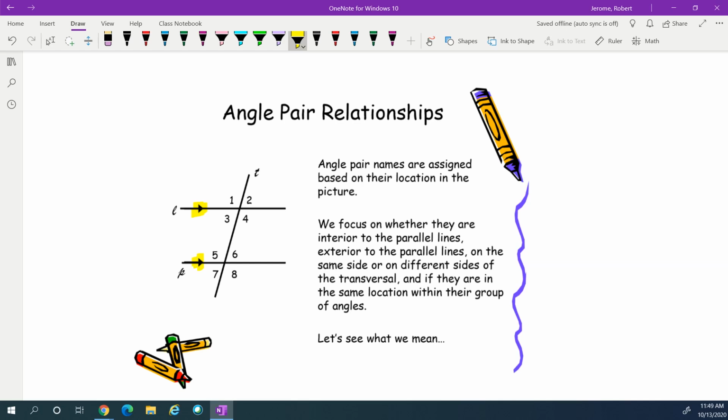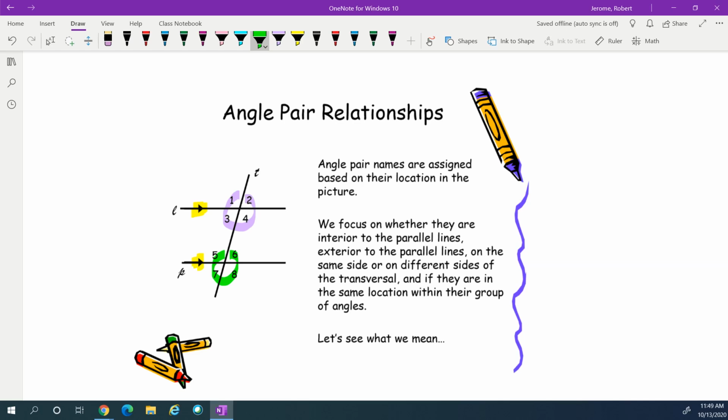When those lines are parallel, we have a very direct relationship between the top intersection and the bottom intersection. We're going to relate those, but it only works when the lines are parallel. So you're going to see four rules, and every single one of them says if the lines are parallel. If they are not parallel, we cannot do this.